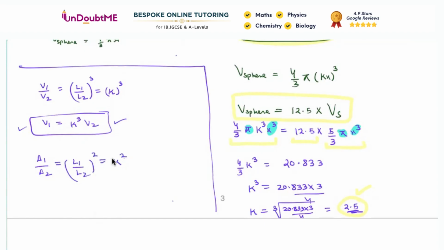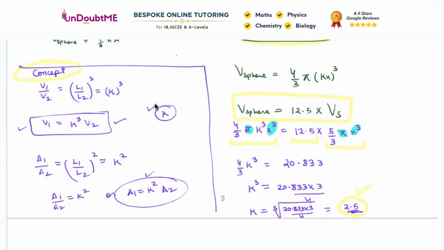This K is not connected with the one given in the question. This is just a concept, so don't mix that. So A1 over A2 is equal to K square, or A1 is equal to K square times A2. Basically, the scale factor is the same. The K value is the same in volume and area, and that is what we will be using over here.